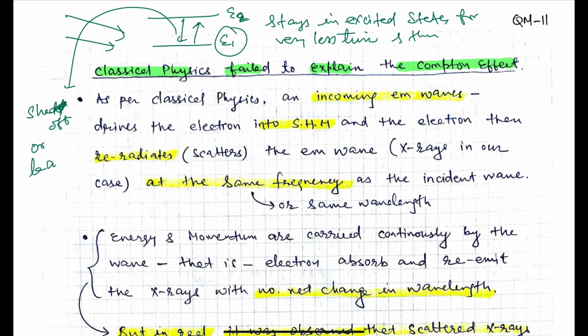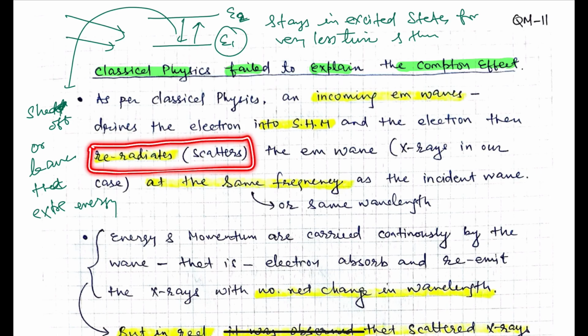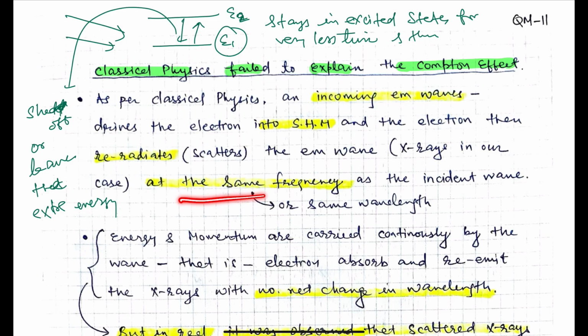Leaving this extra energy will be in the form of radiation. So in simple language, it is going to re-radiate or scatter the radiation. This is what we call scattering. So it will re-radiate the EM wave, X-ray in our case, at the same frequency, because whatever it absorbs, the same it will emit as well, at the same wavelength as the incident wave.